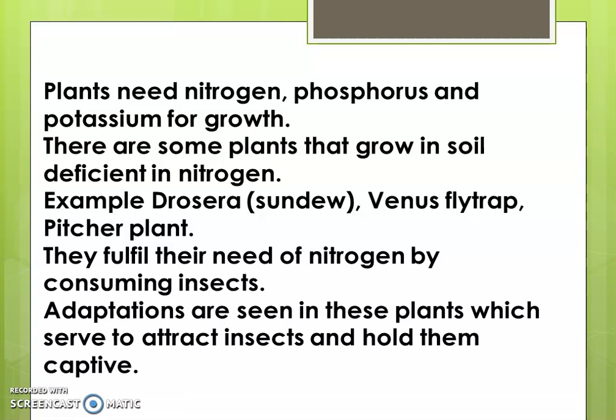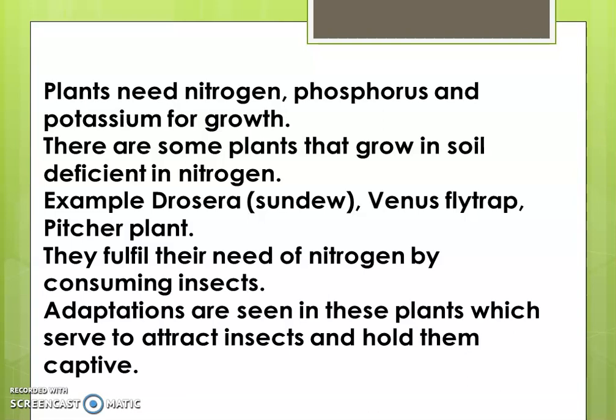Now, normal plants and trees, if we look at their shapes and structure, we don't feel that they can suck the insects and eat them for the need of nitrogen. But this type of plant, for example, Drosera, Venus flytrap, and pitcher plant, they have adapted themselves so much that they can attract the insects easily and hold them and eat them.